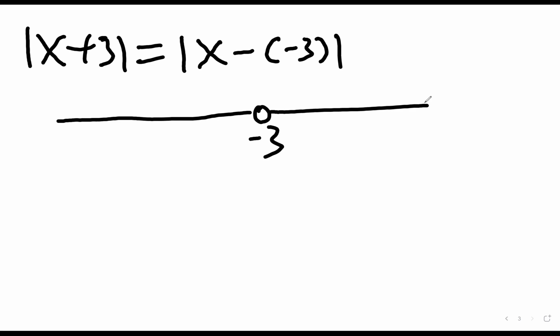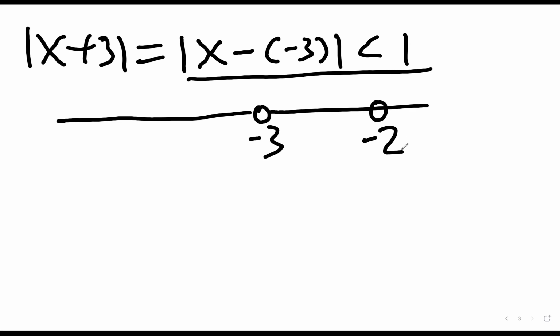And then here I have the inequality is less than 1. The meaning is that the distance between x and minus 3 is less than 1. Okay, so first I will move from minus 3, 1 unit to the right. I will obtain minus 2, and then 1 unit to the left I obtain minus 4.